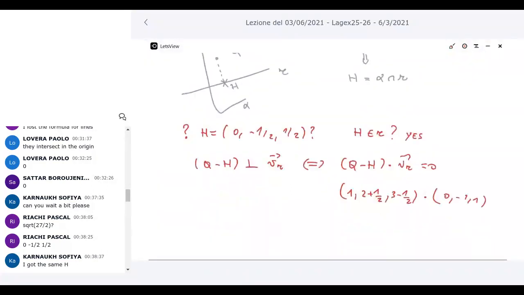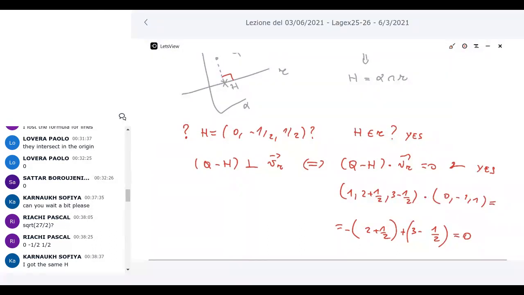So what we get here is 2 plus 1 over 2, with a minus, plus 3 minus 1 over 2. So we get 3 minus 2 minus 1 over 2 minus 1 over 2, and so we actually get 0. So they are orthogonal again. So it is correct. H is actually the orthogonal projection.